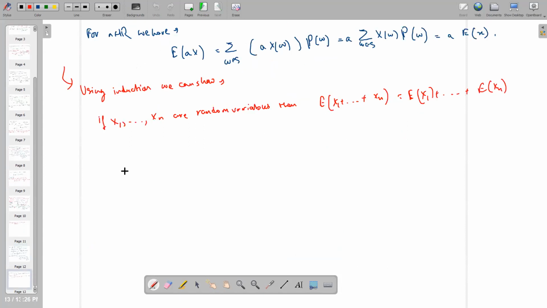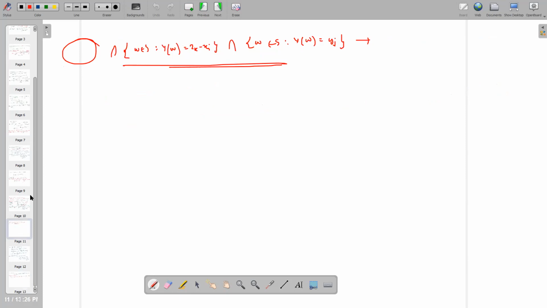So, using induction, we can show this for n many, like if this happens for 2, then it happens for n many. So let me give you a problem here. Suppose we roll a die, and let x be the value obtained.